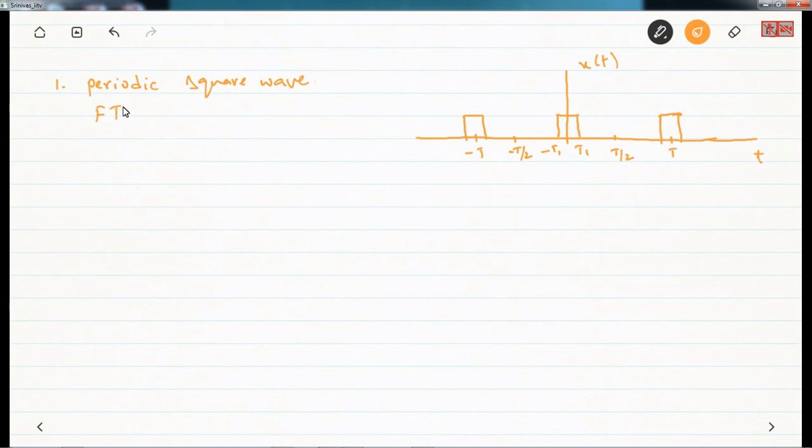Right? So now our question is, what is the Fourier transform of x of t? Now, what we said, if we are given any periodic signal, first find its Fourier series coefficients, and then once you have those ak's, simply apply the formula: Fourier transform is equal to 2 pi times ak and delta of omega minus k omega naught, right?